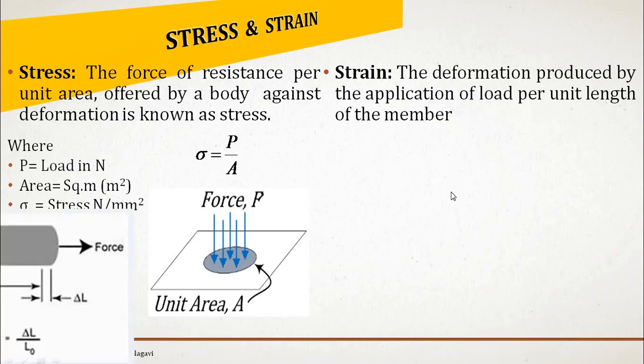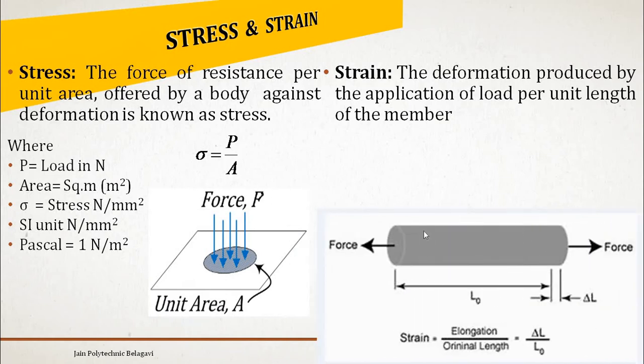You can see here there is a cylinder and there are forces acting at both ends. Originally the cylinder had the length L naught, L0, the original length. After applying the forces, it has changed its length by an increment of delta L. There was a little increment of delta L in the original length.